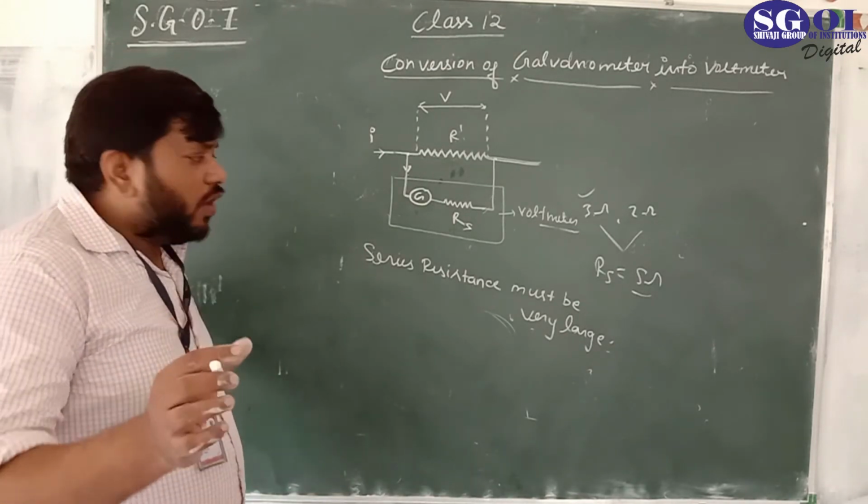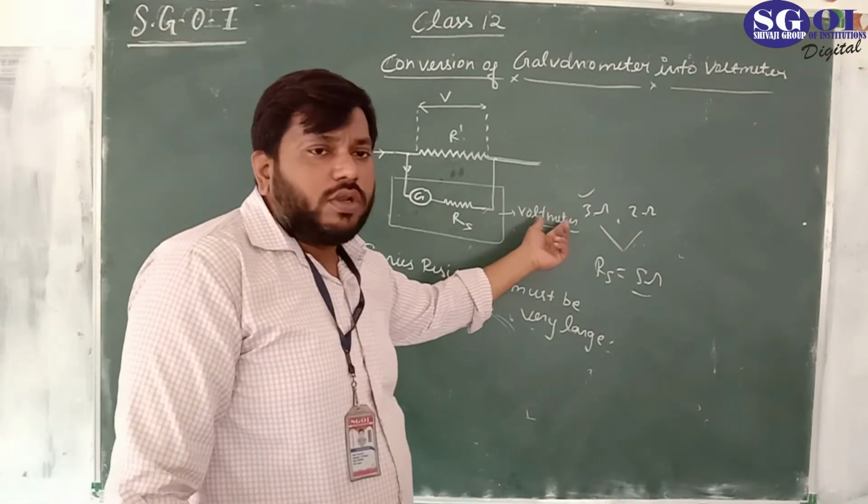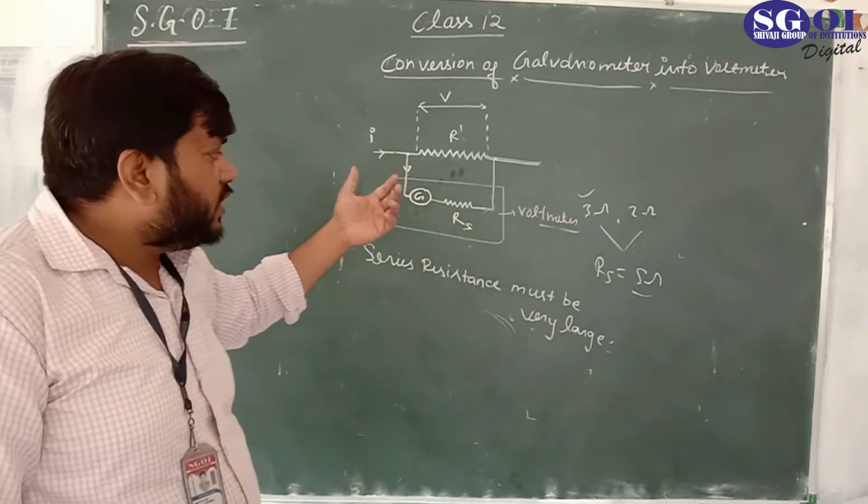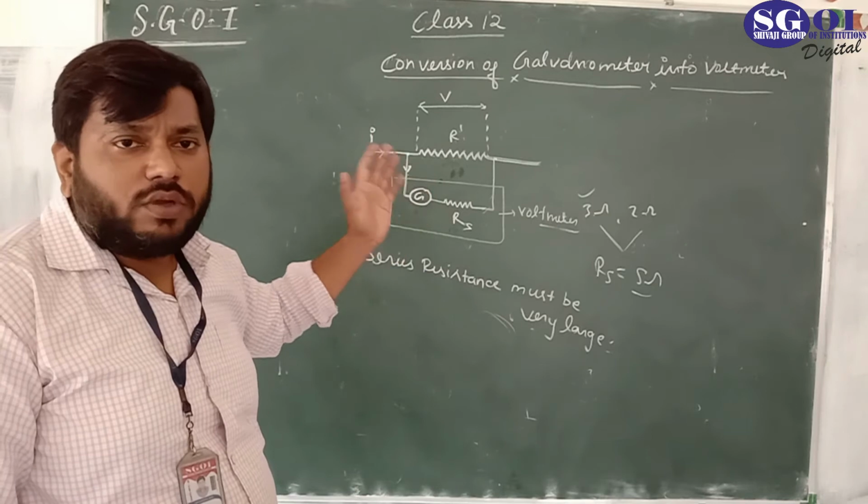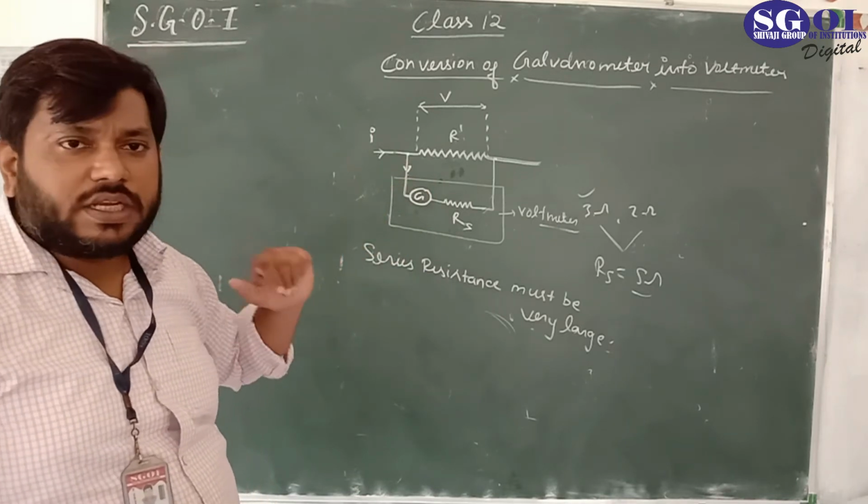How would we decide the range of this voltmeter, up to which maximum value it could measure the voltage of any circuit?